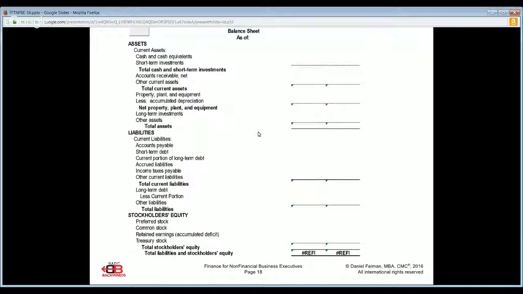We look at our liabilities, accounts payable, short-term debt. There's your current portion of long-term, etc. So this organization has chosen to present their balance sheet with more detail than the previous version we looked at. Unless it's required by a lender or investor, that's an organization's choice.